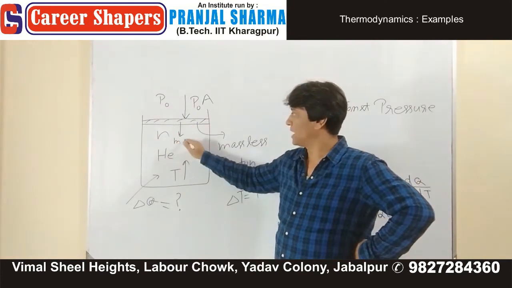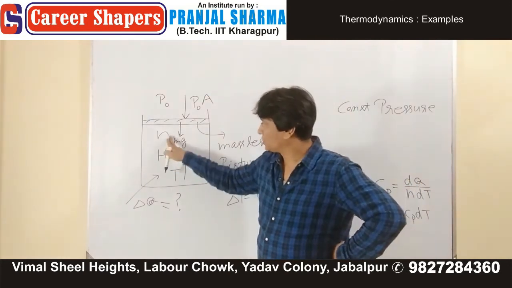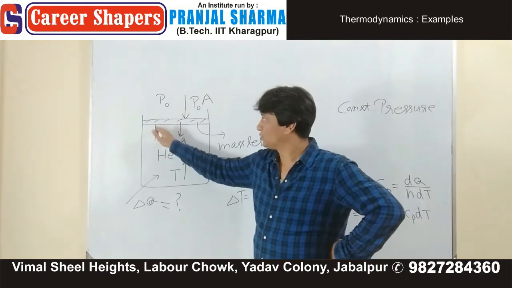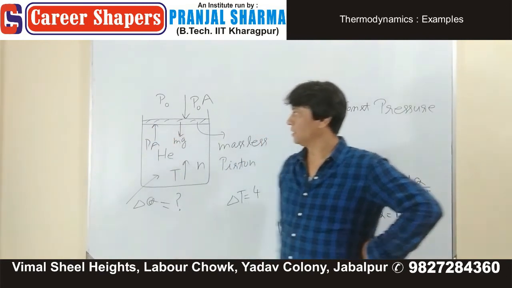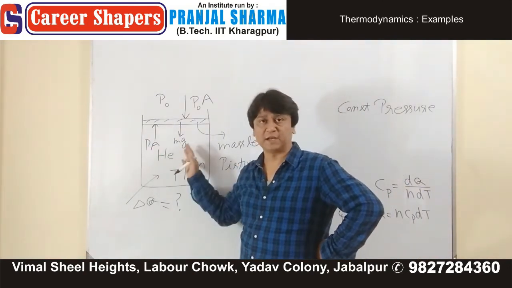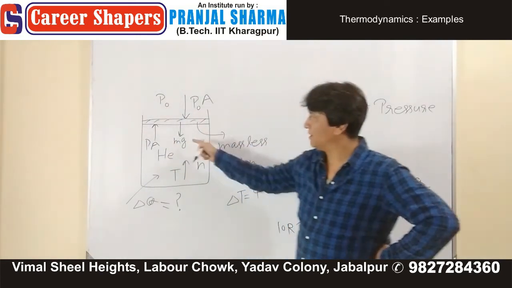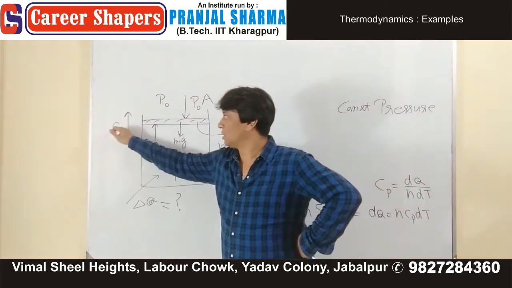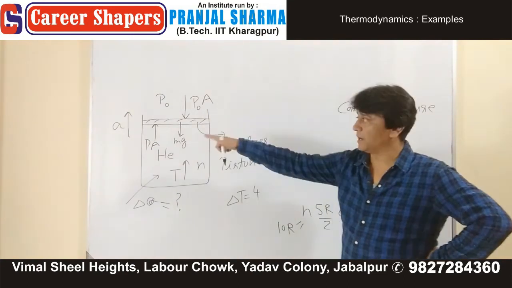Downward force mg, and the force which is coming from the inside is what? P multiplied by A. What is P? Pressure of the gas which is inside. What is P0? Atmospheric pressure. Mg, the weight, and the piston is going up with an acceleration of a. Capital A is the area, small a is the acceleration.